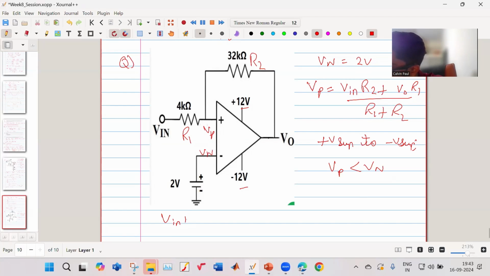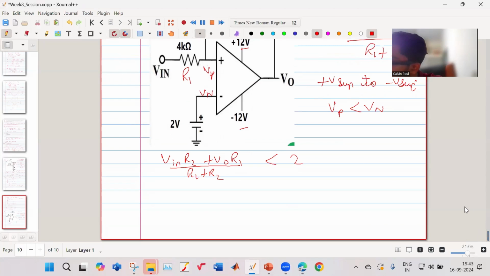In that case, VN R2 plus V output R1 upon R1 plus R2 should be less than VN, which is 2 volt. Right? So your VN R2 is what? 32K. V output was how much? V output was plus V supply.